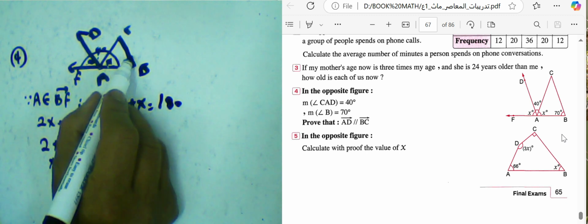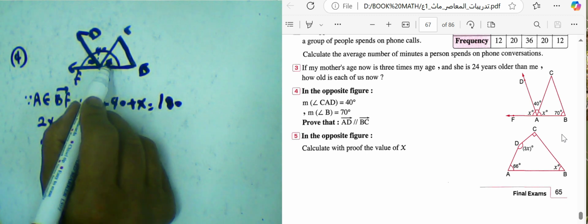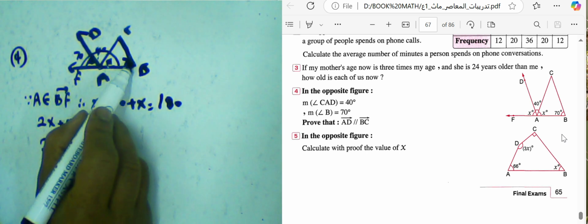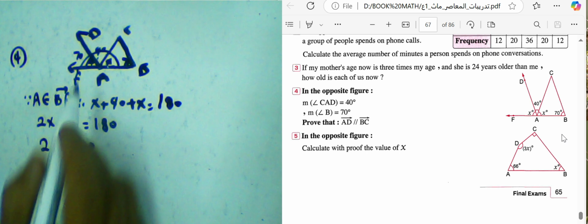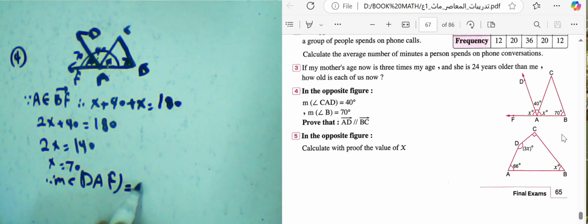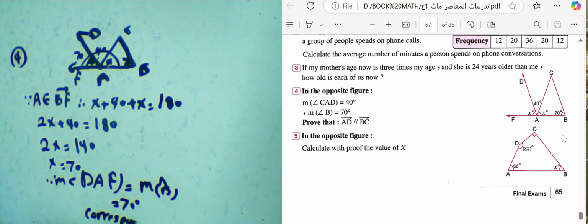And then we have 70 here and 70 here. Look at this angle and this angle, they are corresponding angles. Then measure of angle DAF equals measure of angle B equals 70 degrees, corresponding angles. Then the ray AD is parallel to BC.